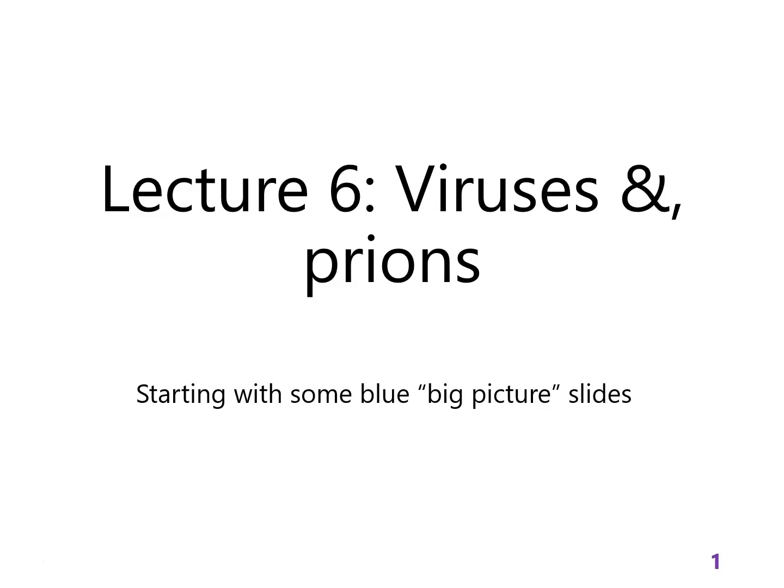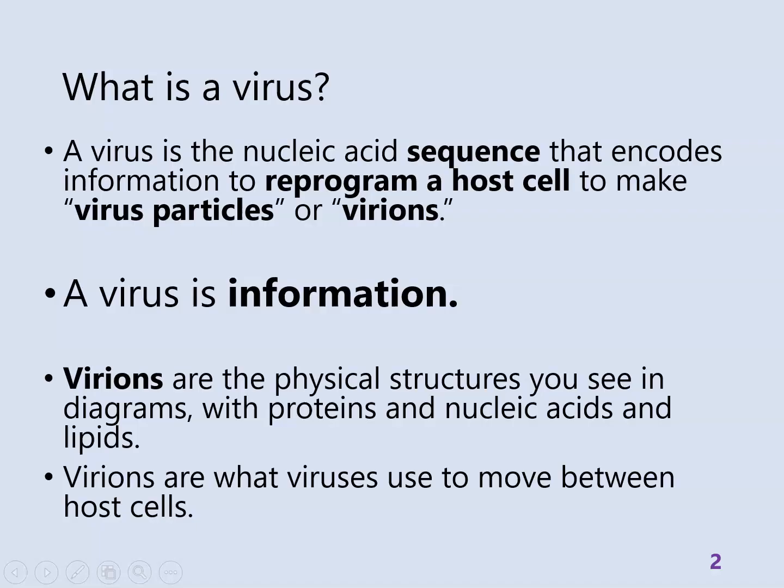And we've all heard of viruses, so I want to start with some big picture slides, and make sure we are all on the same page about what a virus really is. So a virus is information. It's a nucleic acid sequence. So what are some nucleic acids? You should be able to name RNA and DNA.